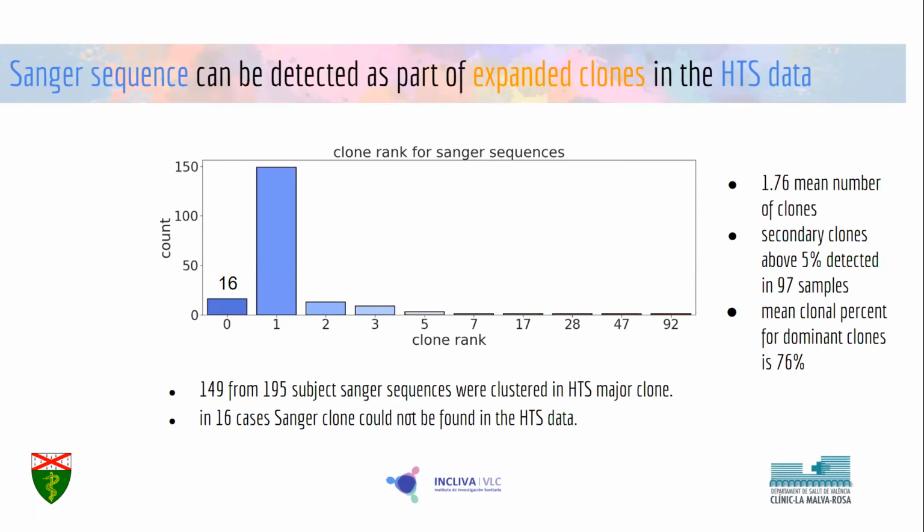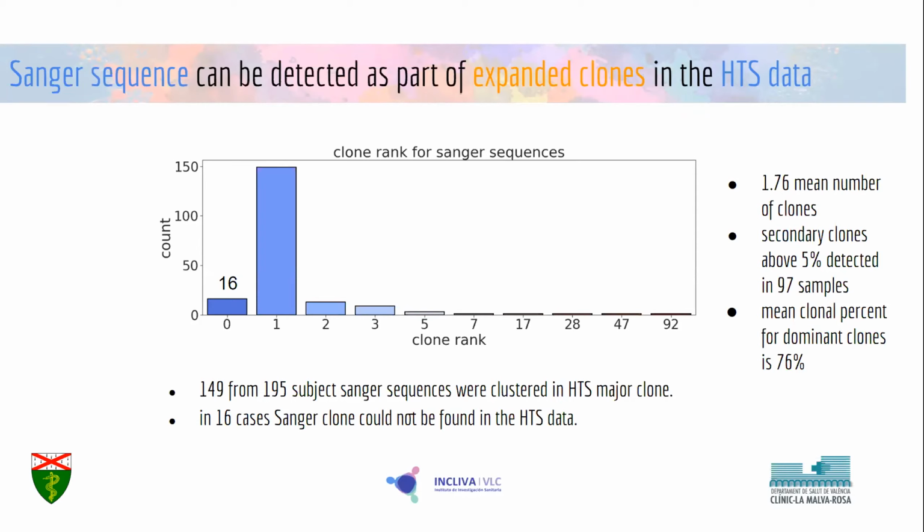What we first saw is that the mean number of clones, considering all the samples, is 1.66. In 97 of the samples, we detect more than one clone, and the mean clonal percent for the dominant clones in HTS is 76%.